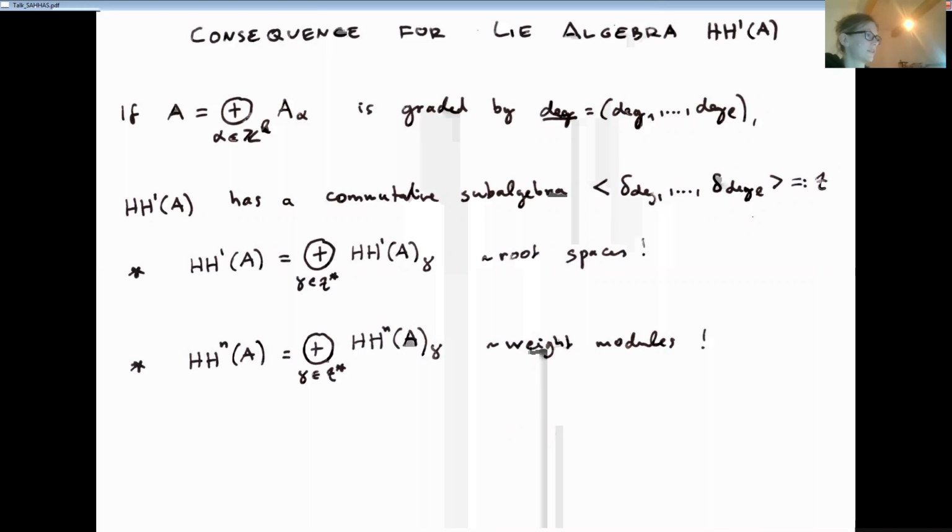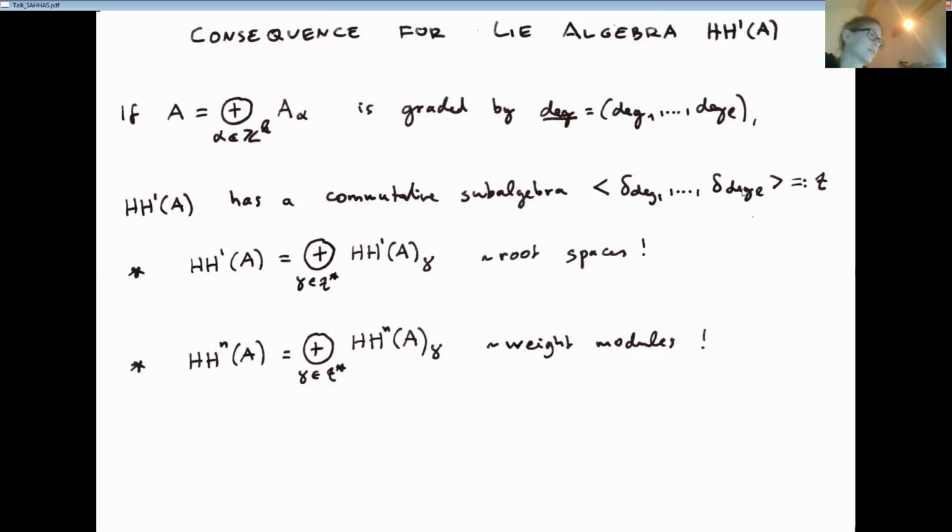Let's summarize for the moment that what we get is our Lie algebra HH1 of A. However else it looks like, if A has a grading, then there will be as many degree derivations, maybe not linearly independent, but we don't care for the moment.